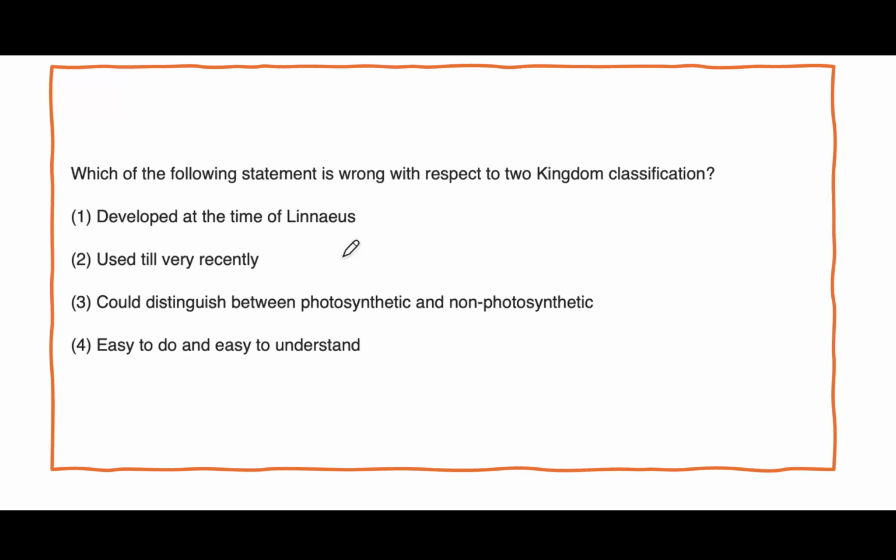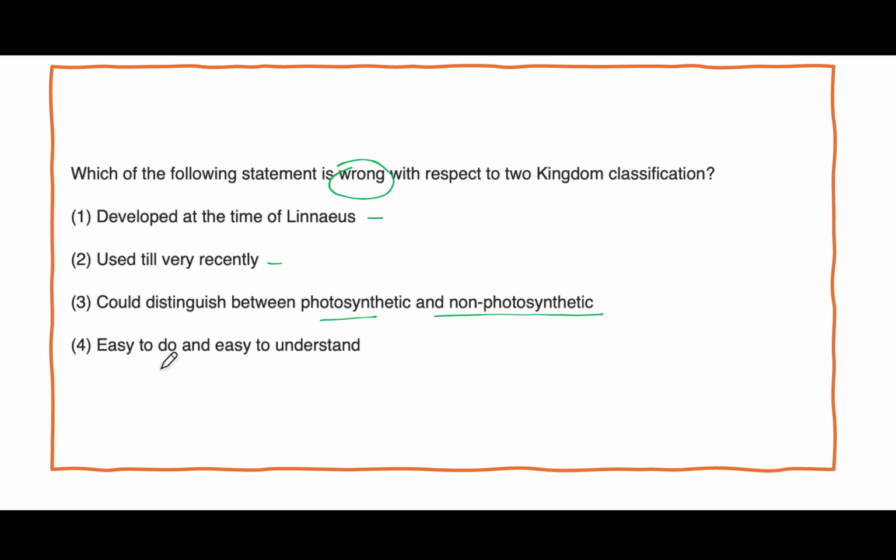Which of the following statements is wrong with respect to the two kingdom classification system, which was given by, yes, Linnaeus. Read the question one more time. Which of the following statements is wrong, not correct. Developed at the time of Linnaeus, yes. Used till very recently, obviously. Could distinguish between photosynthetic and non-photosynthetic organisms. I guess this was the limitation of the two kingdom classification system.